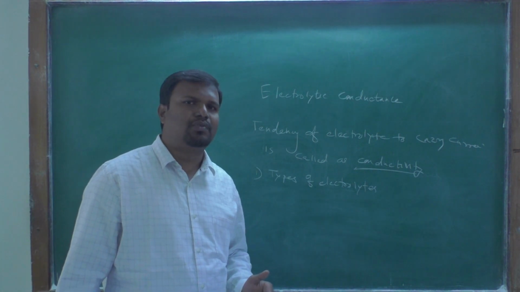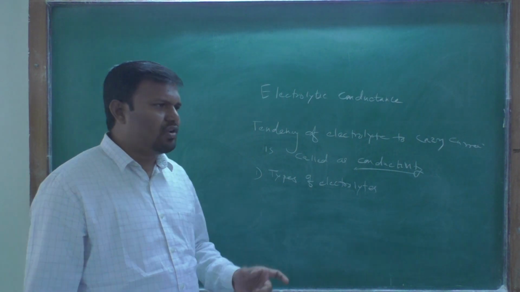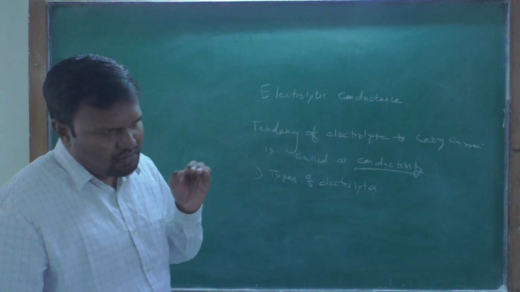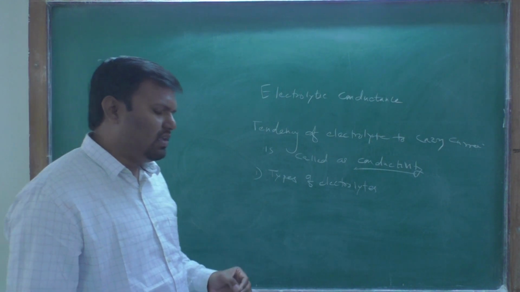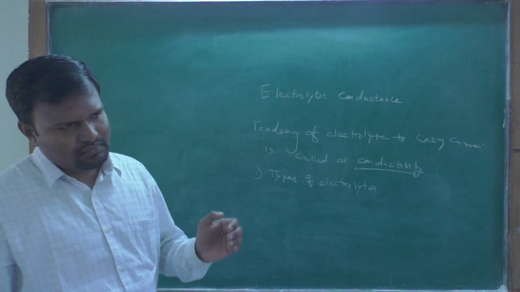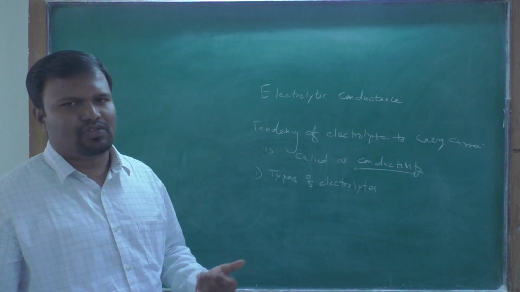Fewer ions produced is responsible for less current. Therefore, a strong electrolyte definitely carries more current, and a weak electrolyte definitely carries less current. That is the first point: conductivity depends upon the types of electrolytes.